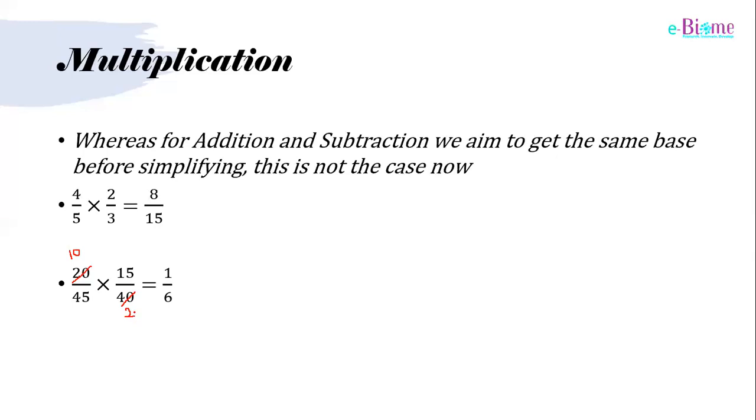But then that can still be simplified, because there's still a common factor between these, a number that can be divided into both without leaving a remainder, and that's 10. We could have used 2 again. 2 into 10 is 5, and 2 into 20 is 10.